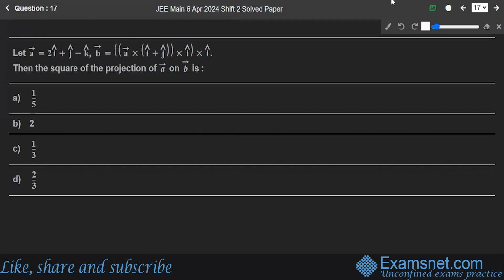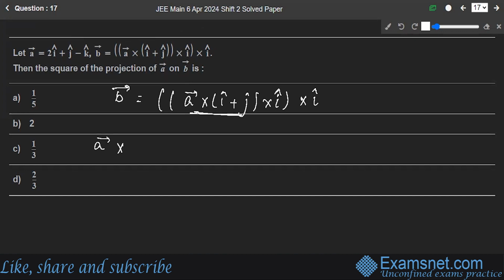Question number 17. Let A be given by this, B be given by this factor. Then the square of the projection of A on B is. So first of all, let's solve B. This is given by A cross (I plus j) cross I vector, and again cross I vector, right? So let's pick up this one first. A vector cross (I plus j).